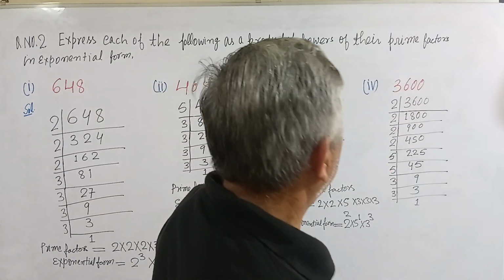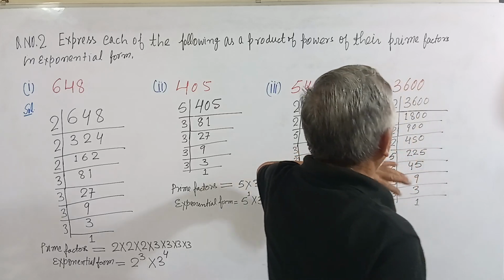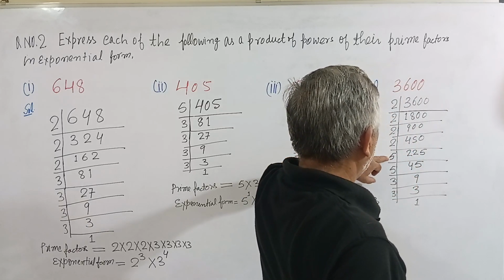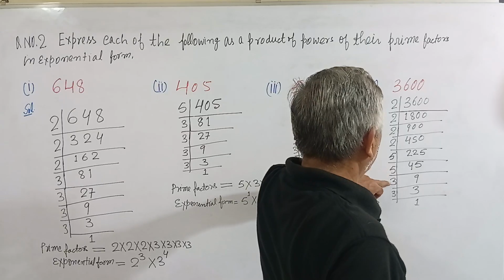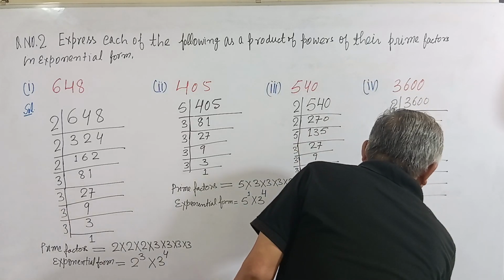So we have divided 3600 and we are getting the prime factors, that is 2 into 2 into 2 into 2 into 5 into 5, 3 into 3. So I will write here prime factors.